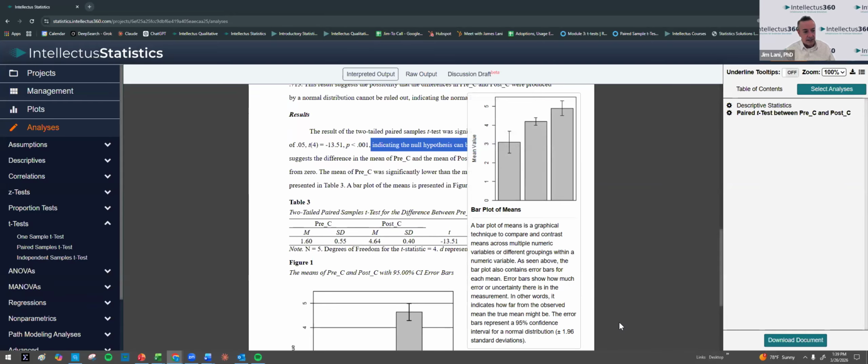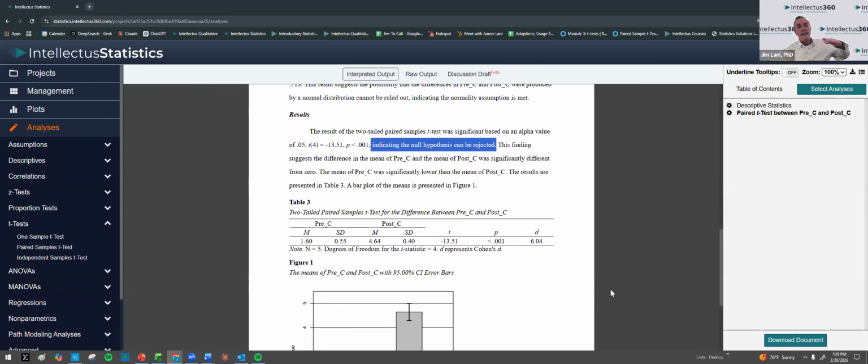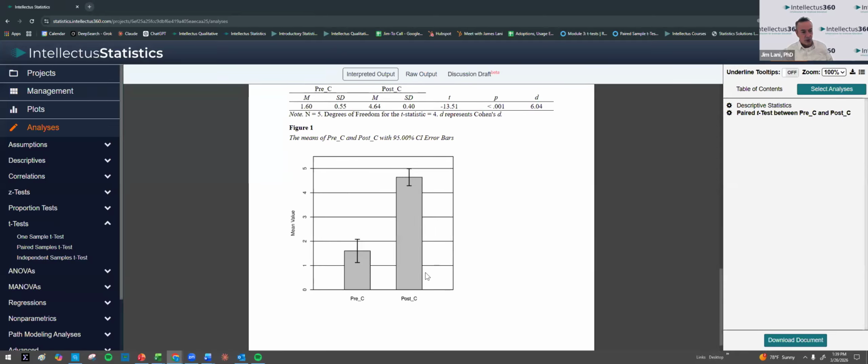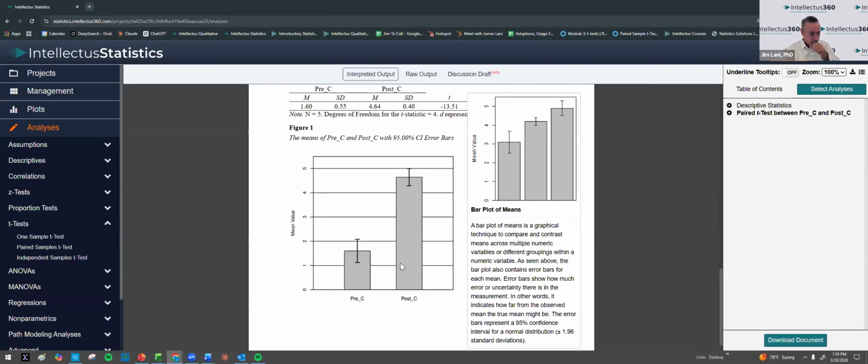To give you some context, anything north of 0.80, okay, 0.50 to 0.80, somewhere in there, is a large effect size or meaningfully important. 6 is off the charts, okay? So it's both statistically significant and meaningfully important, okay? And it's a bar chart to show you those mean differences.